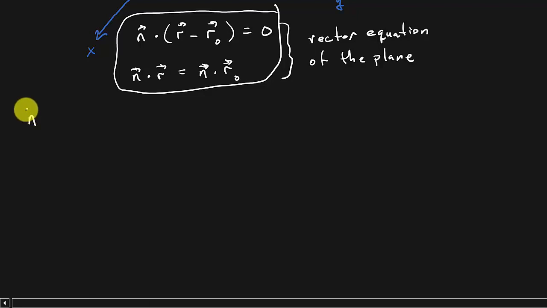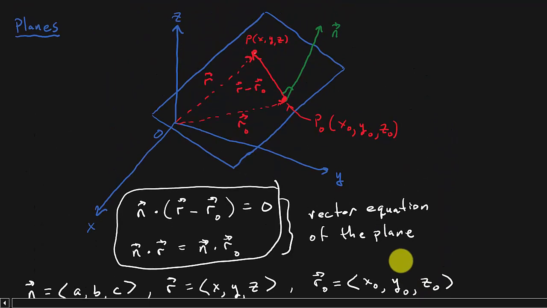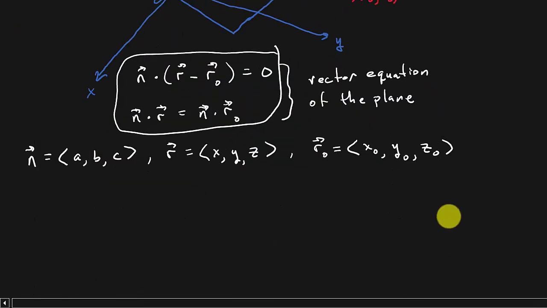So we've got vector N, we'll say that's A, B, C. We've got vector R, which we'll call X, Y, Z. And we have vector R0 equal to X0, Y0, Z0.